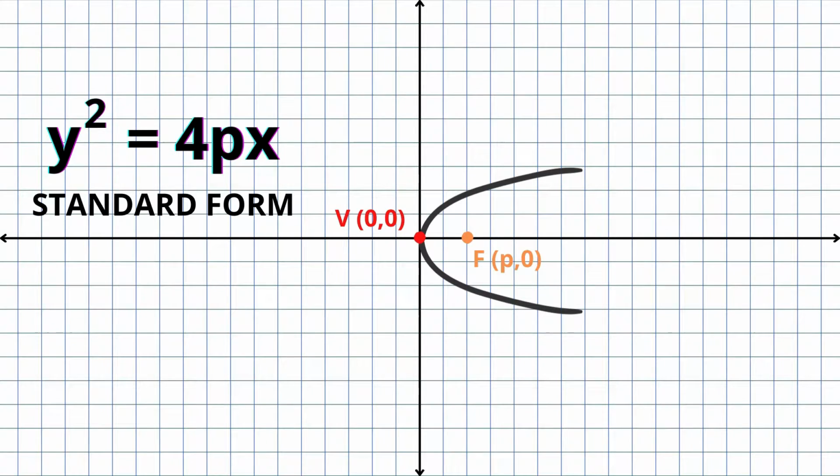Its focus is at (p, 0), while the directrix has equation x equals -p, and the axis of symmetry is y equals 0, or the x-axis.